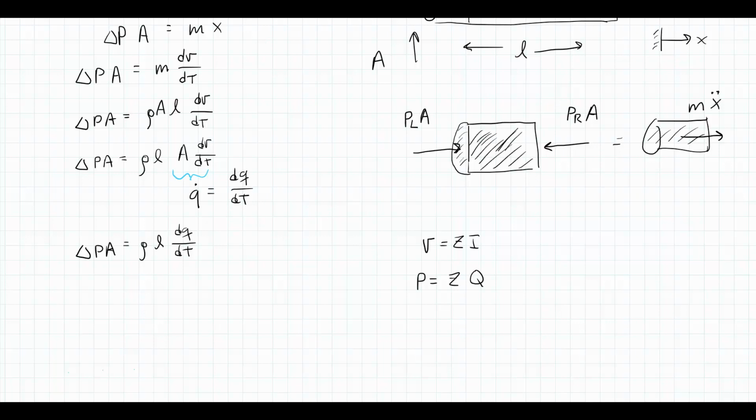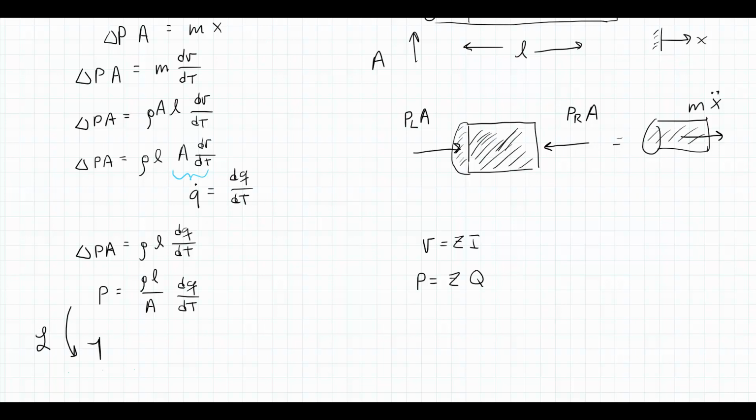So we're almost there. At this point, the delta P, again, the change in pressure, I am just going to refer to as P, but we know it means the same thing. And I can divide through by that A, and then I have this dQ dt. Now I'll take the Laplace transform of both sides.